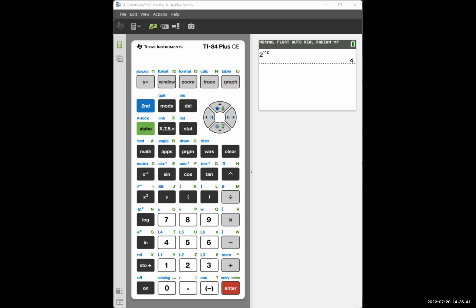So if a principal of P dollars is deposited, principal means the amount at the beginning, the initial amount, with an annual interest rate of R. So that's how much they're charging you. You have to write it as a decimal though. Compounded, or paid, a certain amount of times a year, N. Then after a certain many years, T, we'll have A, the amount of dollars in the bank, okay?